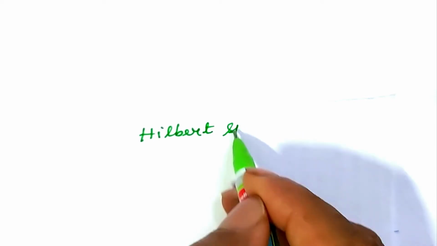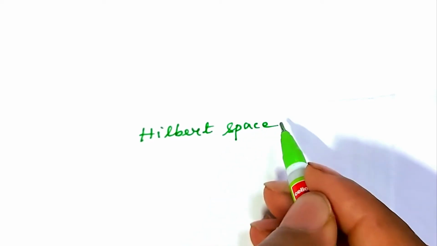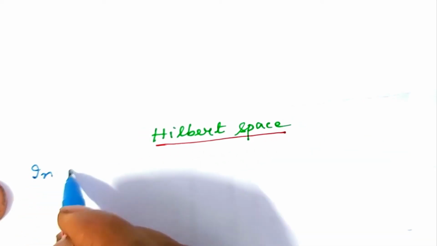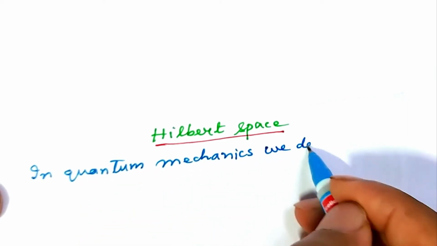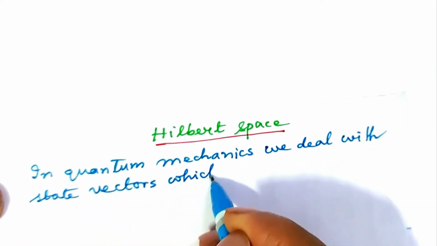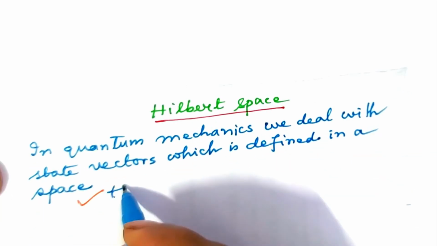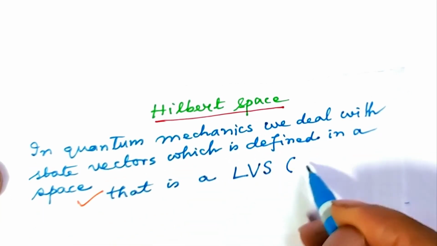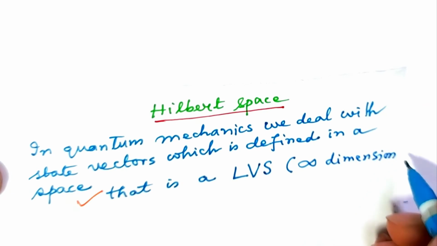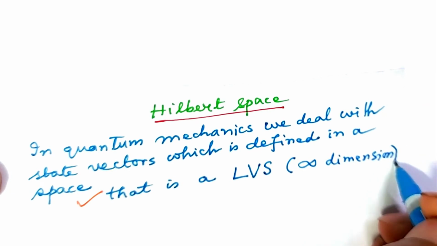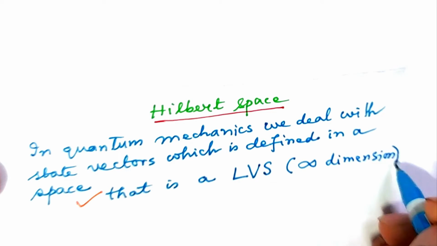The time is perfectly ripe, or we would say the stage is set, for us to define what Hilbert space stands for. In quantum mechanics, we deal with state vectors, which are defined in a space that is a linear vector space, which is infinite dimensional. We do not want to leave any direction out of the purview of our discussion.